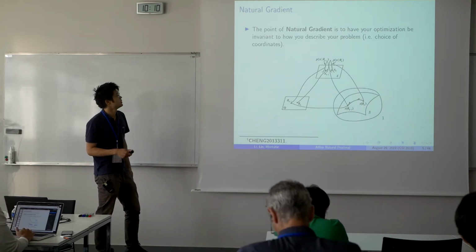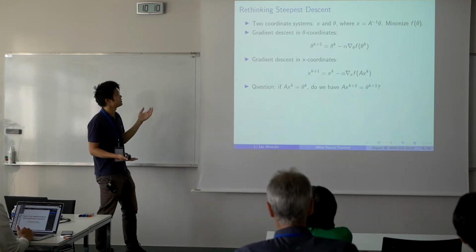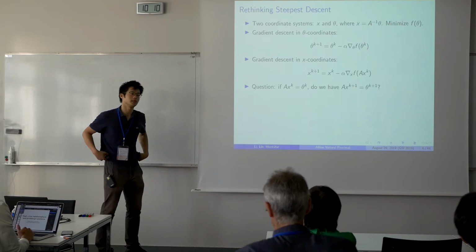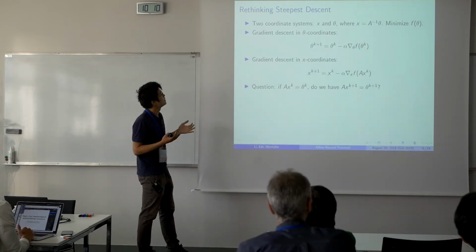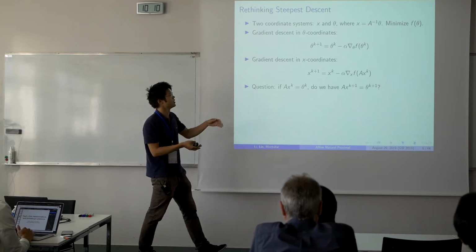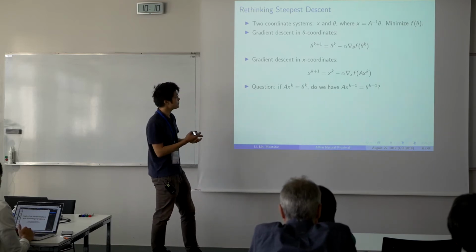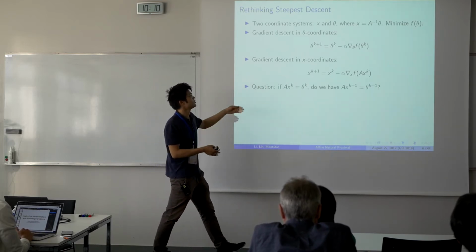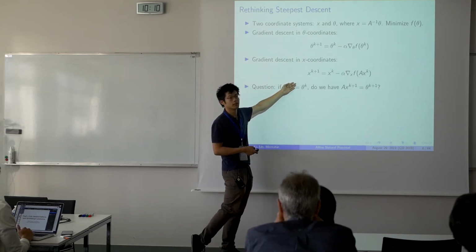Let's try to rethink what steepest descent is in order to motivate the natural gradient. We have a very simple gradient descent update. We have two coordinate systems, x and theta, where x is maybe A inverse theta, and we want to minimize f of theta. You can do gradient descent in the theta coordinates, or in the x coordinates.